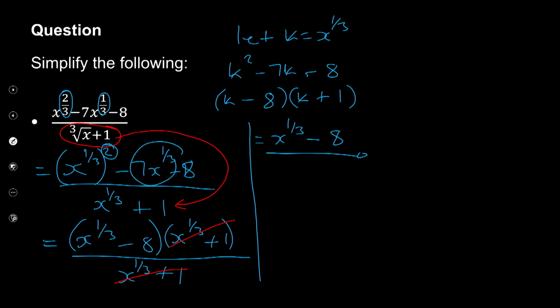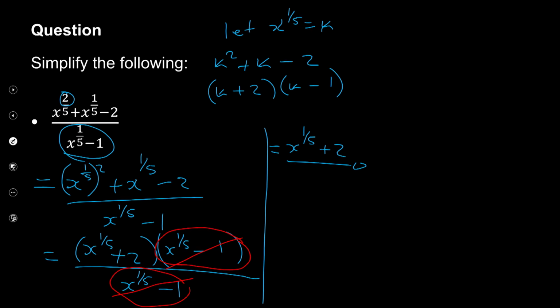And then you maintain the second term as 1 over 3. Again, with this one, we needed to make sure that the root is gone and we only have rational exponents. With that, the goal will be to make sure that our denominator is the same as one of the numerator's factors, so that we can cancel them out.